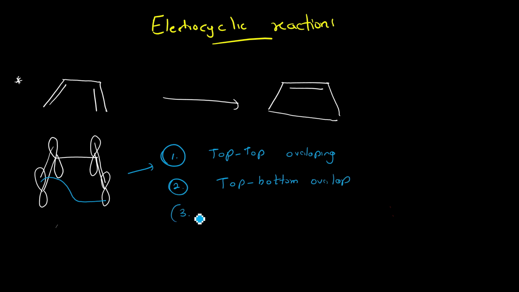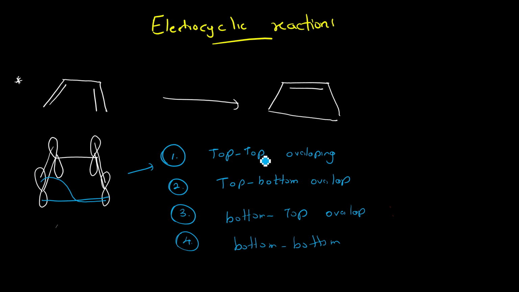The third way is bottom top, where the bottom part of this orbital overlaps with the top part of the other orbital. And the final way is bottom bottom, where the bottom part of this orbital overlaps with the bottom part of the other orbital.